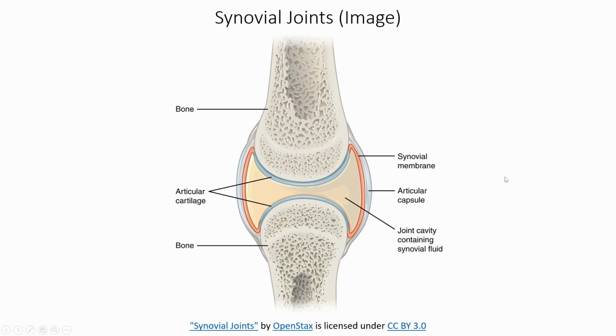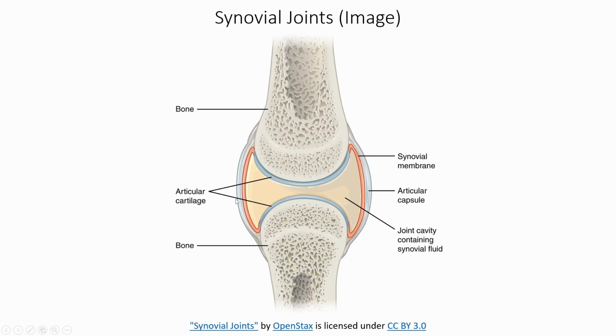So here is the synovial joint. This is just our generic one here. We're not worried about what joint this is, but we see our bones on both sides, but you notice the bones don't actually come in contact with each other. Rather, there's this open space, this cavity called the joint cavity that is filled with synovial fluid. Keeping that synovial fluid in its place, we have the synovial membrane.